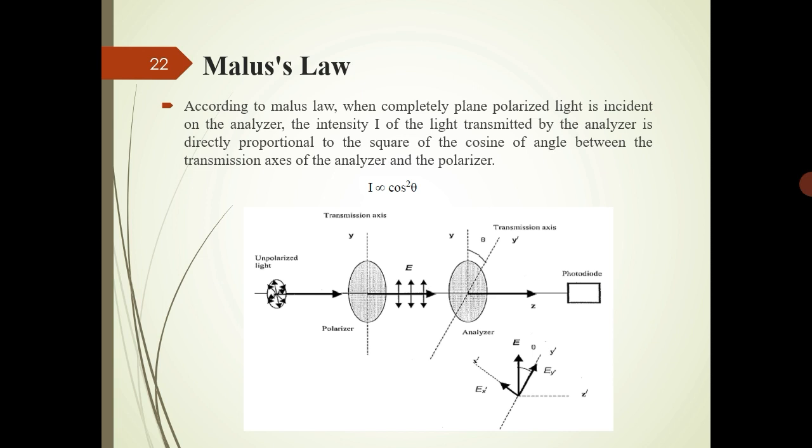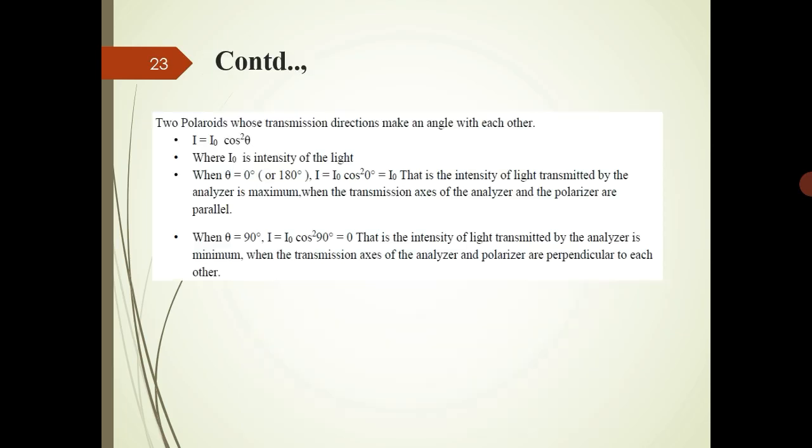It is polarized to travel as a plane wave, which is given to the analyzer, which analyzes the intensity of that signal, and that can be transmitted to the photodiode. So the equation clearly says that it is directly proportional to the square of the cosine of the angle between the analyzer and the polarizer. Here, two polarizers are used, whose transmission directions make an angle with each other.